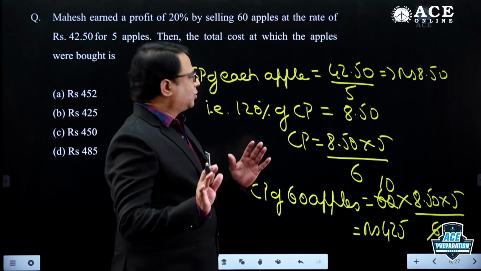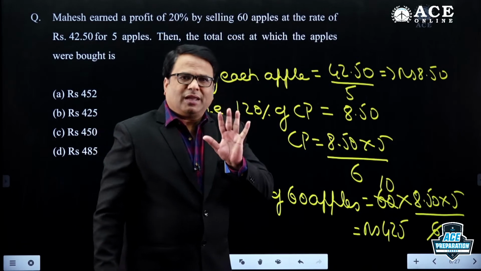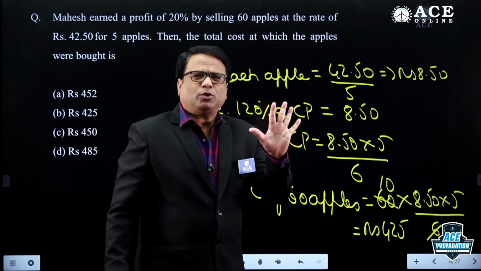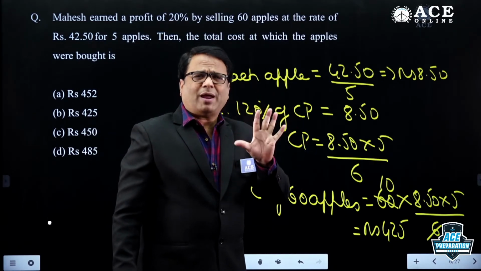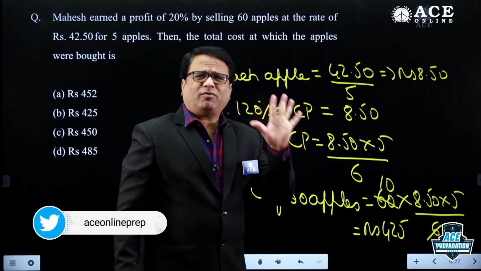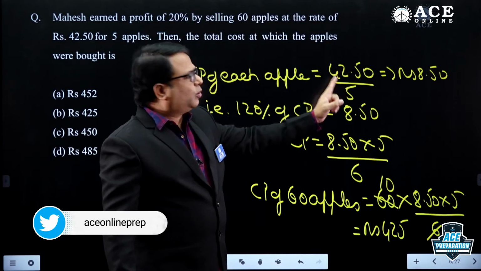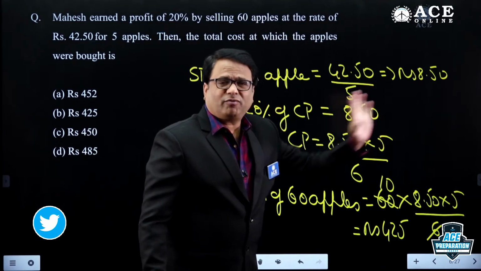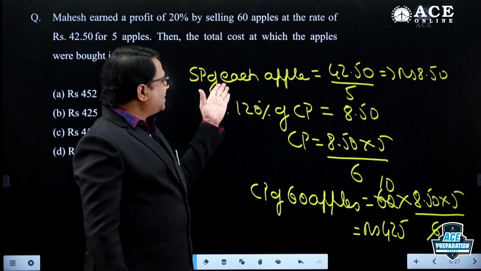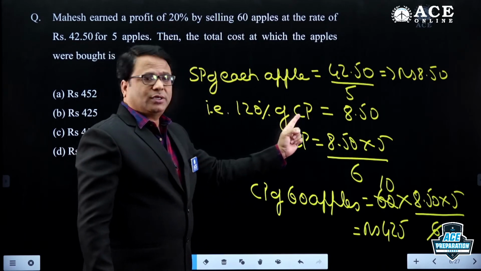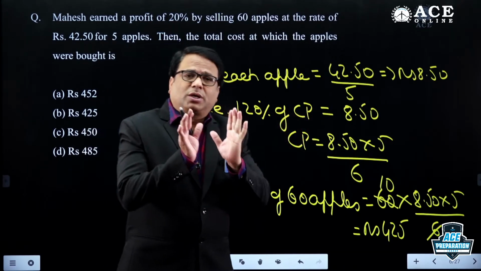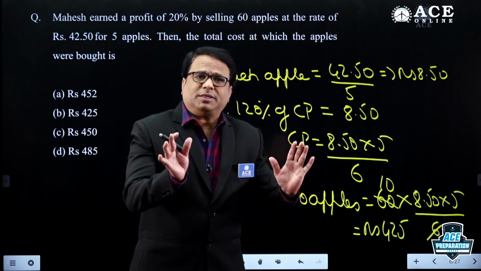Okay, I just quickly go through this. He is selling 5 apples for 42.50. So selling price of each apple is 42.50 divided by 5, which is rupees 8.5. And I can write the selling price as 120% of cost price because it is clearly given profit is 20%.